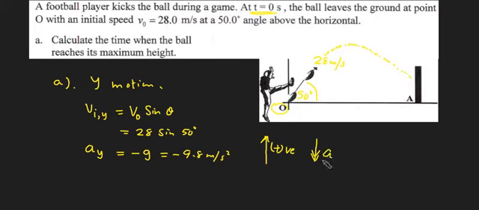So the acceleration is in the negative direction compared to our positive direction. That's the reason we put a negative sign here. So these are the starting velocity in the y direction and the acceleration in the y direction, which is going to be constant.